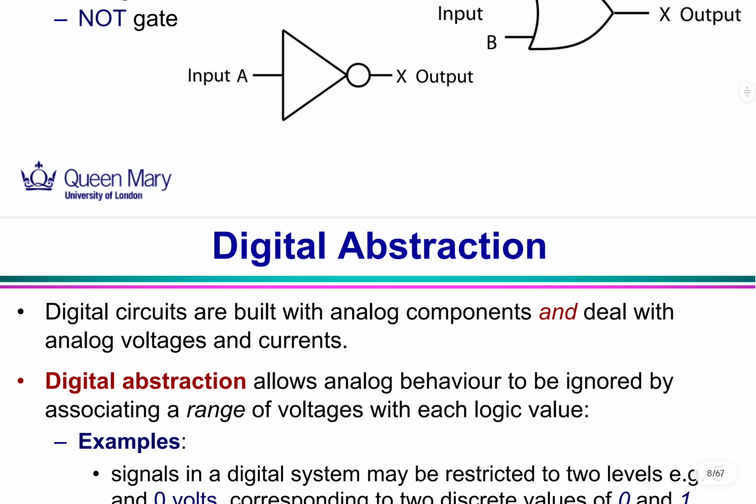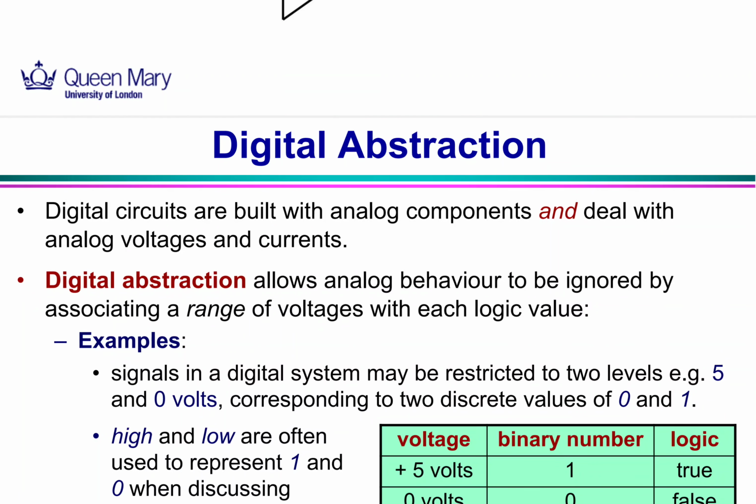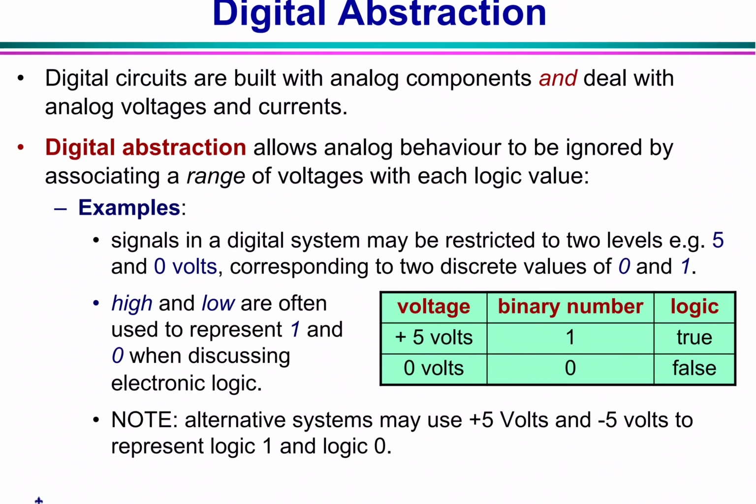What is abstraction? Abstraction means that we ignore some details so we can pay attention directly to the most significant ones.